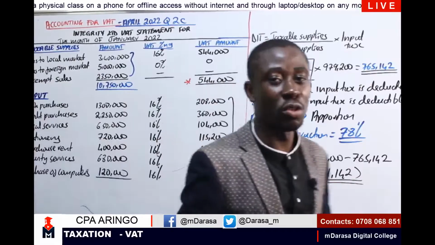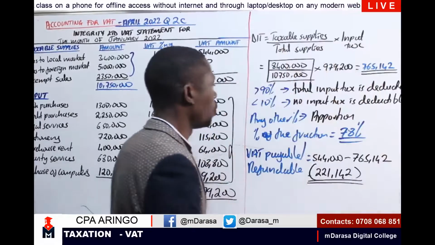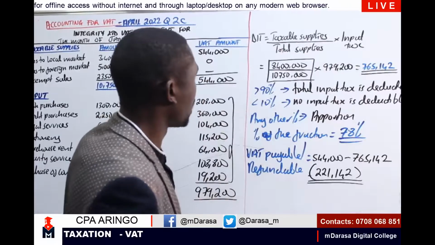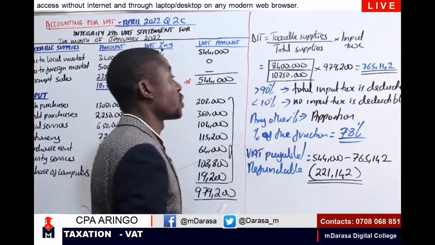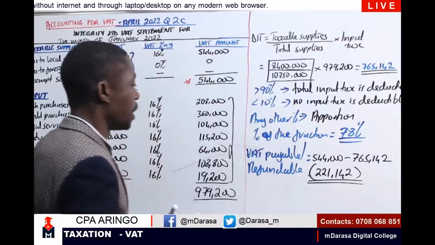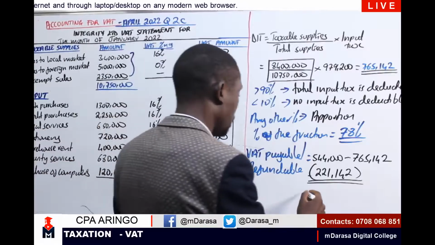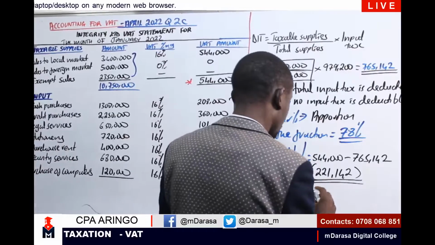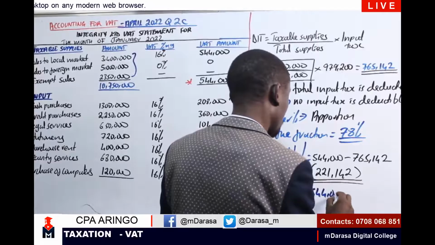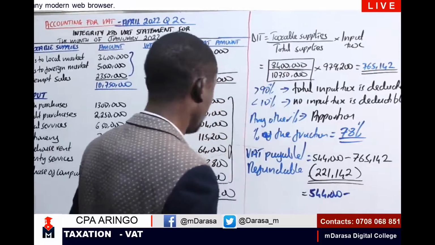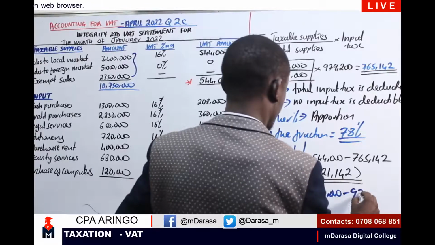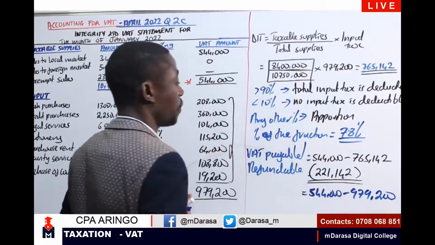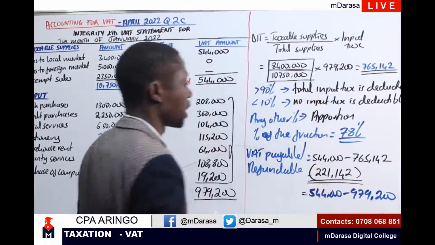I know the question that you want to ask, Mwalimu, is: what if this fraction was more than 90%? If this fraction of ours was more than 90%, then our VAT payable would have been 544,000 minus the total input, 979,200.